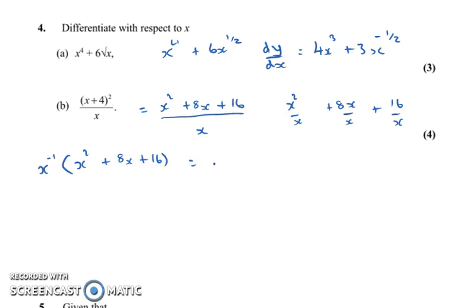Either way, you'll still end up with x add 8 add 16x to the minus 1. Now we can differentiate it. And we get 1 minus 16x to the minus 2.